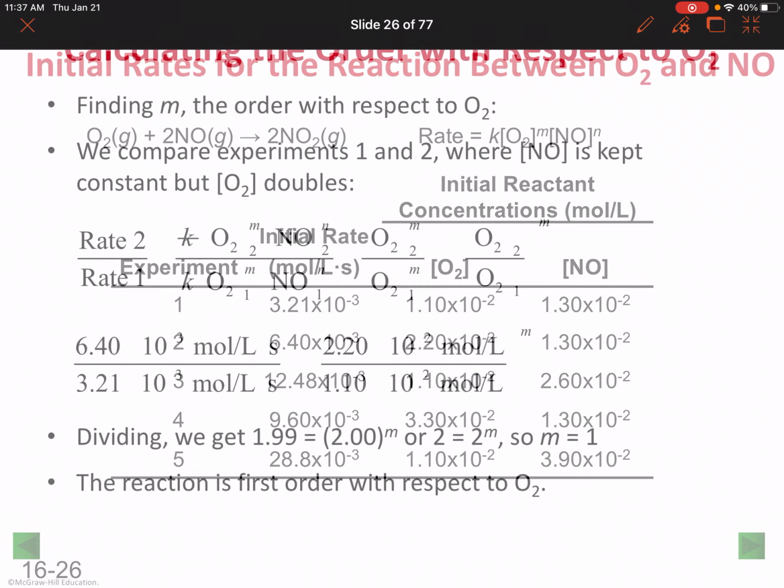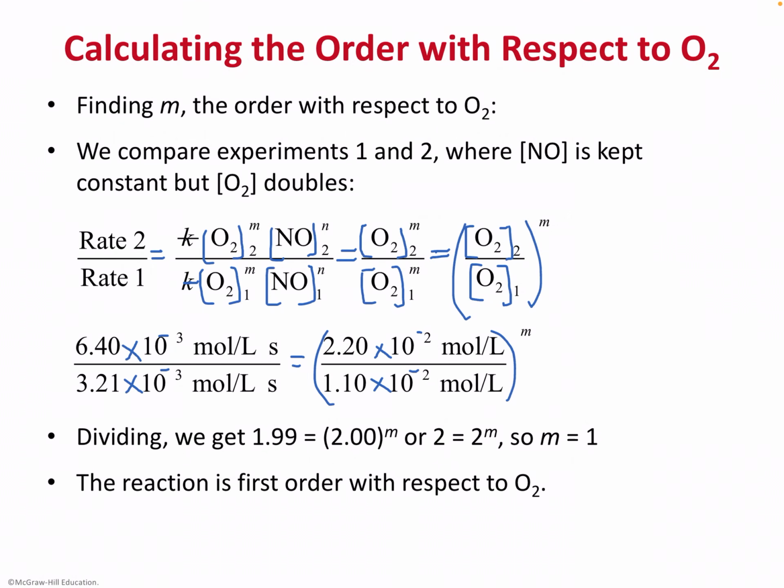Okay. So with that in mind, this is what we're going to do. Finding m, the order with respect to oxygen. We compare experiments 1 and 2, where nitrogen monoxide is kept constant but oxygen doubles. So rate 2 over rate 1. Since the temperature doesn't change, k can be cancelled. Oxygen concentration in the second experiment over the first experiment, raised to the order m.